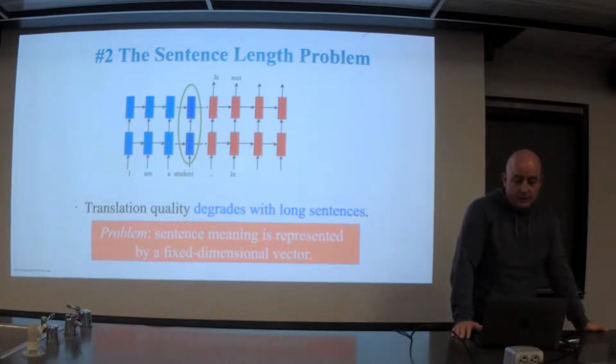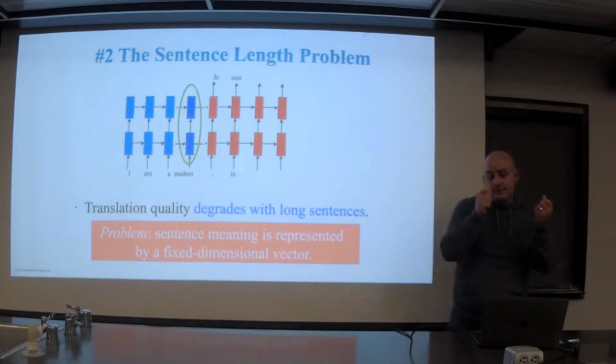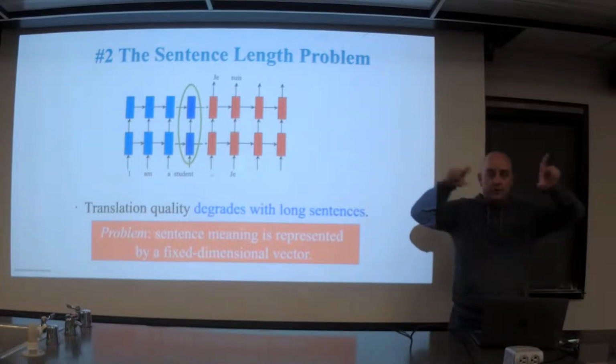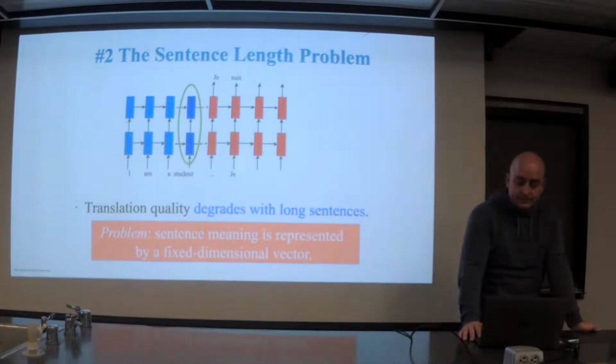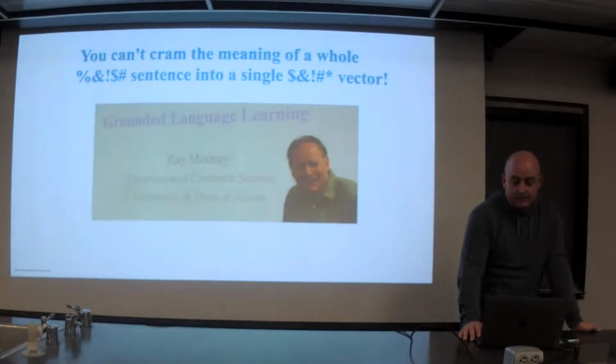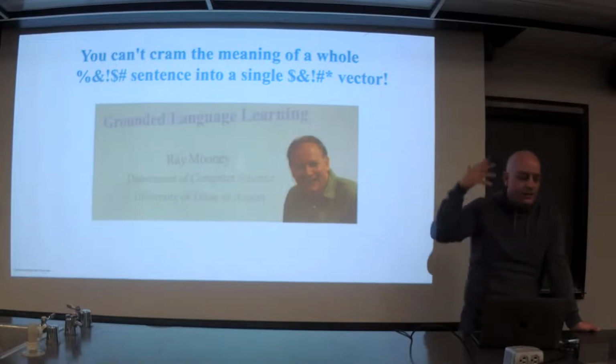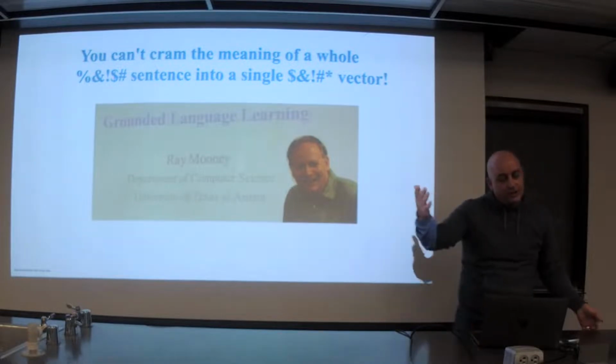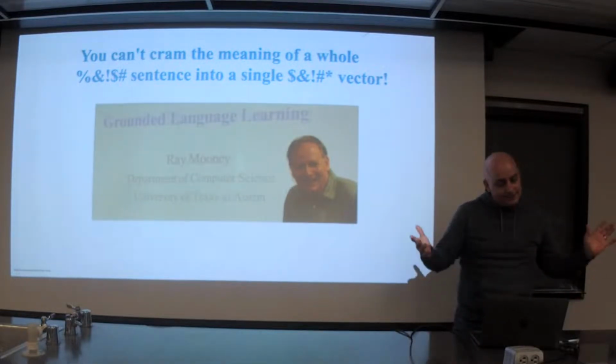And so this is meant to deal with the way that translations really degrade when the sentences become long and depend on so many long-range correlations between different words. There's this famous researcher in natural language who became famous for a saying: you can't cram the meaning of a whole sentence into a single vector.